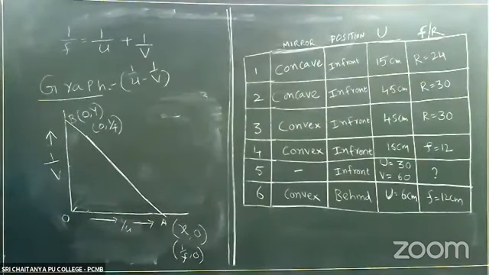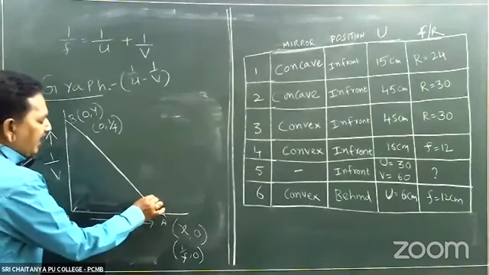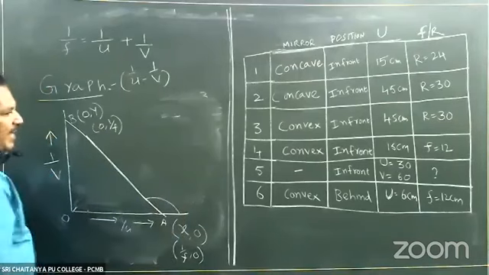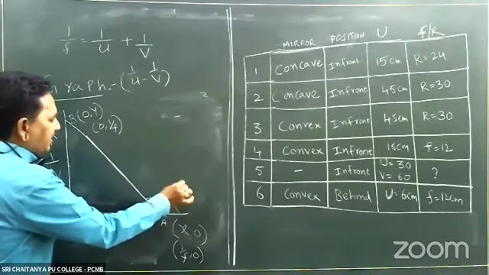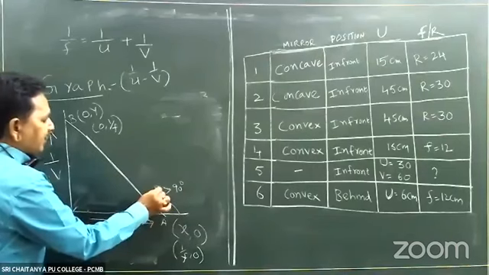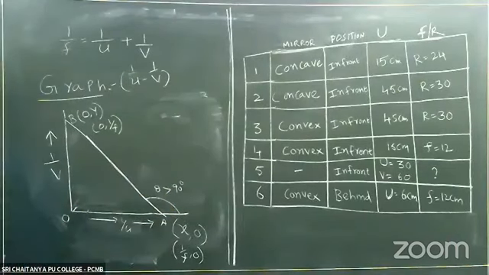What is meant by negative slope? If the angle made with the x-axis is greater than 90, then the slope is said to be negative. Slope positive means the angle made by the given line with the x-axis is less than 90.